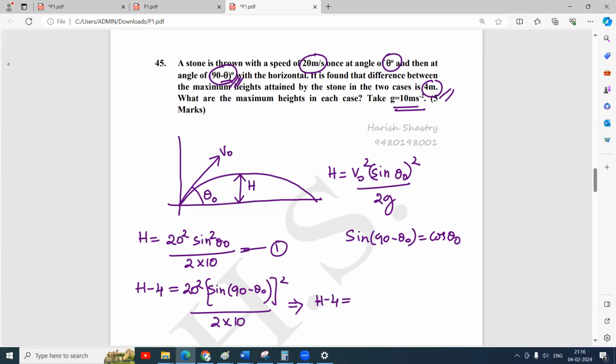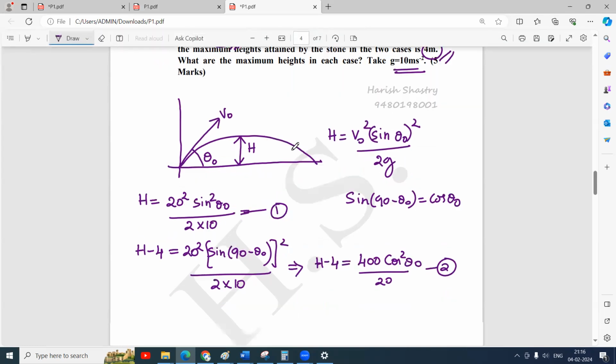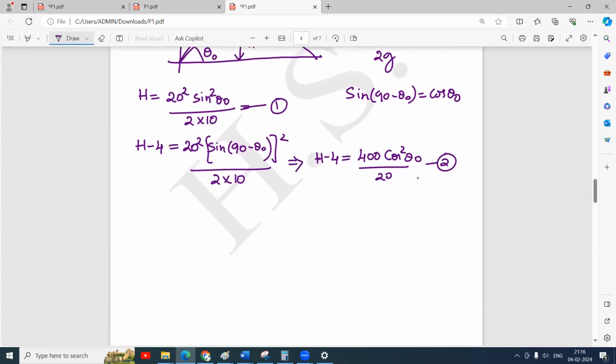So h minus 4 is equal to 400 cos squared theta naught by 20. This is equation 2. And if you want, you can write equation 1 properly so that it becomes easy to divide them. So I'll write equation 1 as equation 3: h is equal to 400 sine squared theta naught by 20.